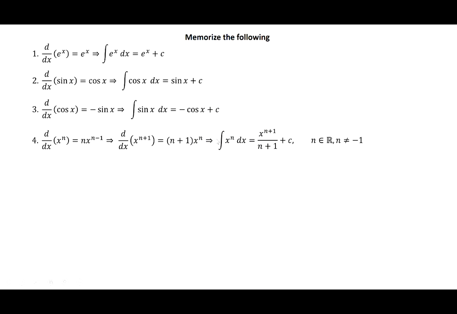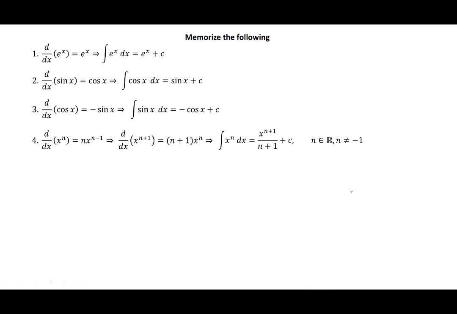However, we can divide both sides by the constant. N plus 1 is a constant, and so in fact we will say the integral of x to the n dx is x to the n plus 1 over n plus 1 plus c, where n can be any real number as long as n is not equal to -1.